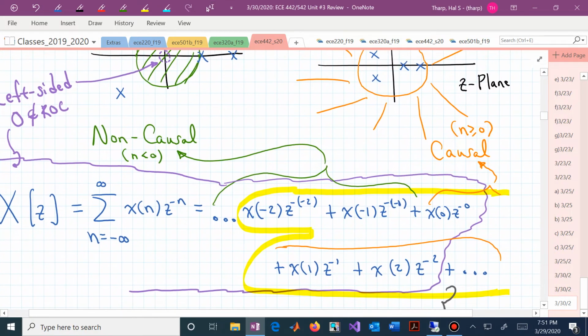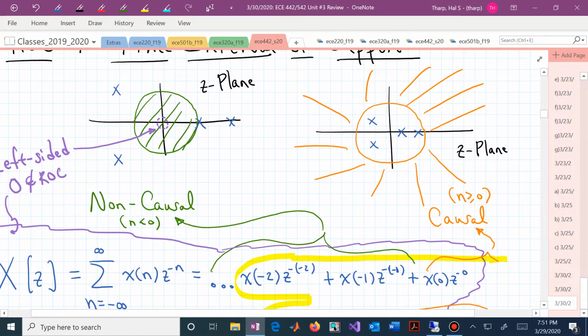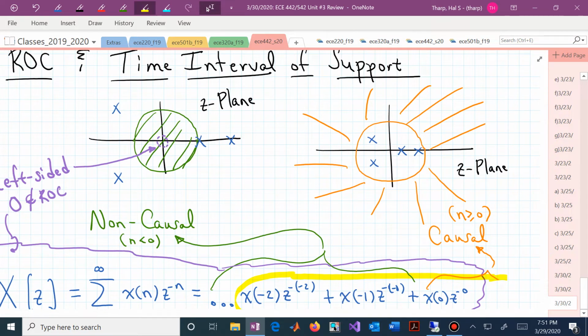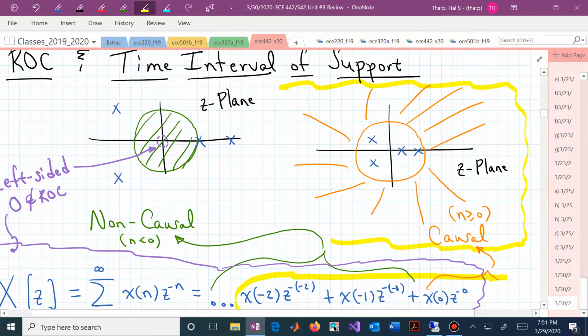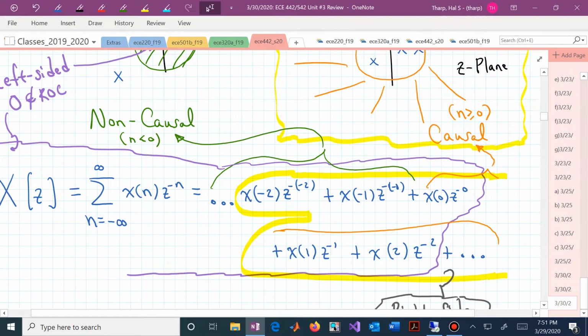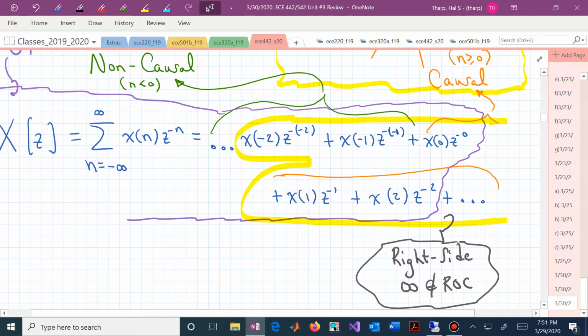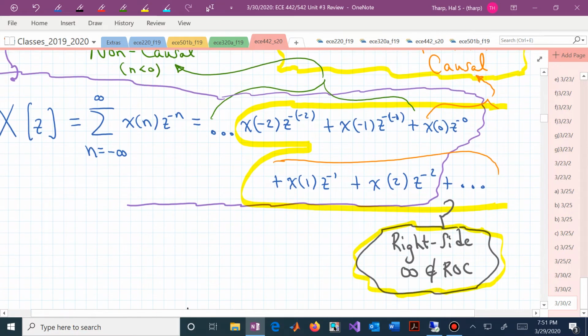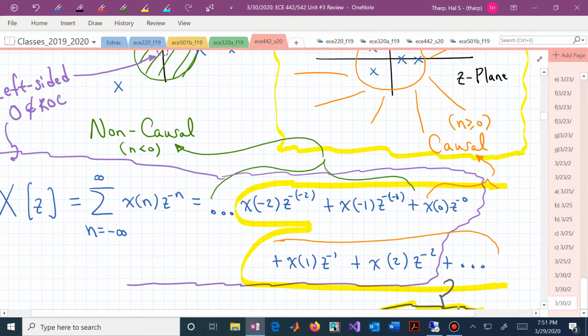The yellow highlight is, in fact, the case where now this region of convergence is associated with everything outside of the poles, except it does not include infinity.